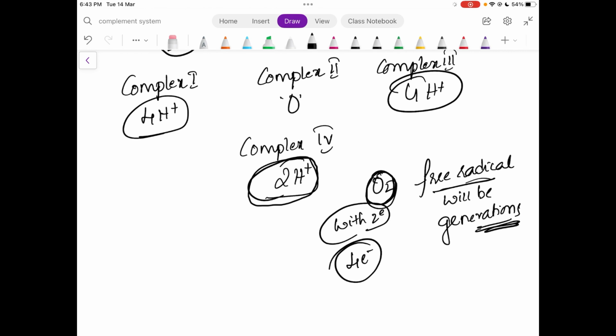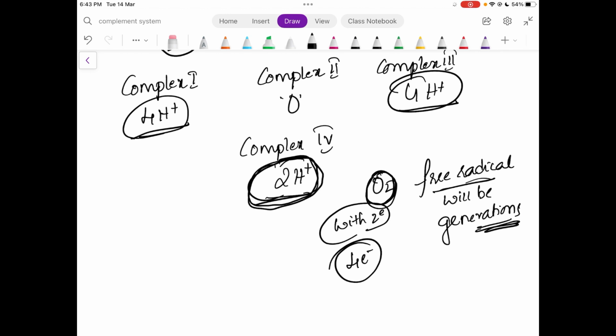That's why you are using 4 cytochrome C. But the reaction is starting with 2 electrons, and ultimately if you take 2 electrons, you will have 2 H plus ions pumped out from complex 4. Complex 1 is 4, complex 3 is 4, and complex 4 only 2 protons are pumped out.